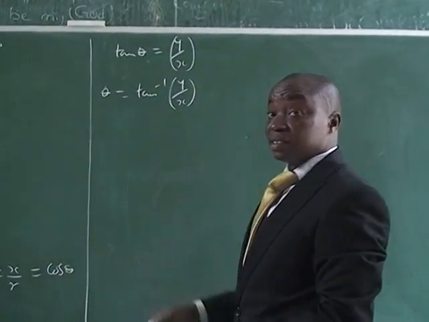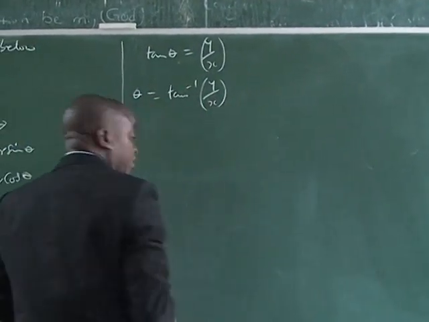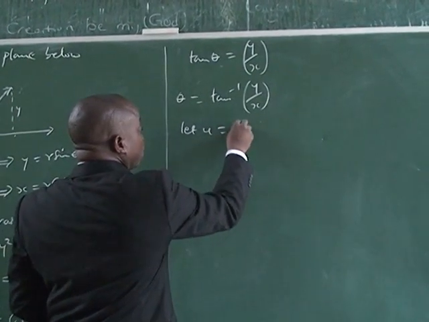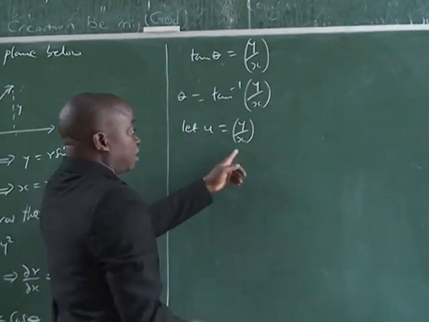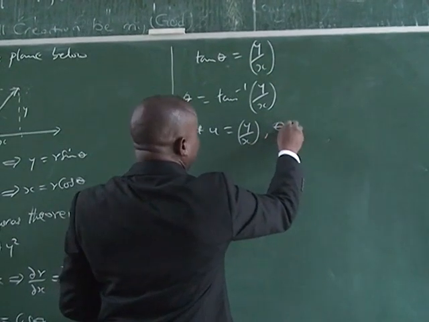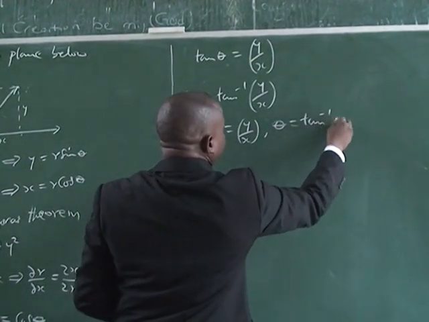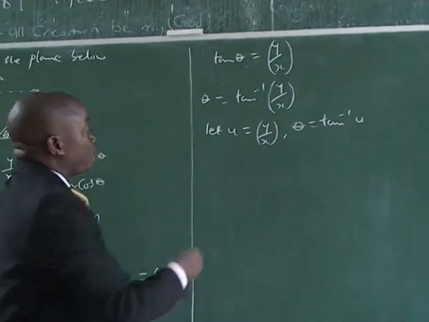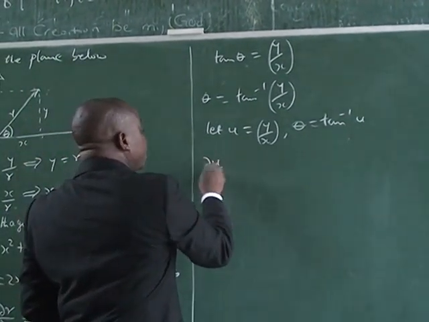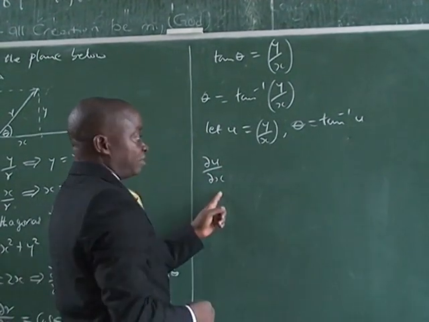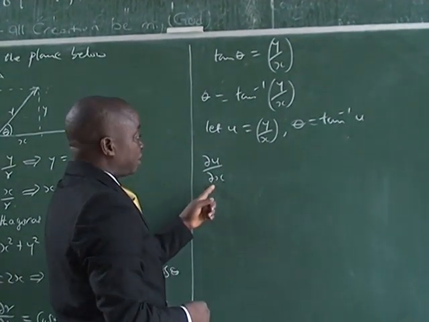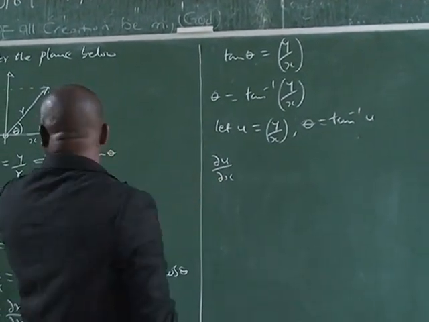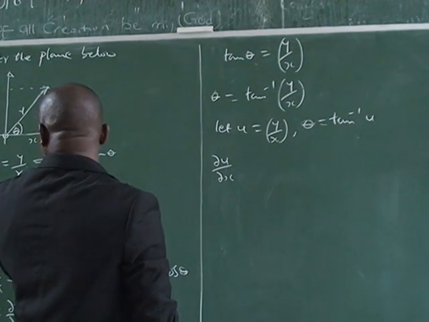Okay, I want to differentiate it with respect to x and y. So let u be equal to y all over x. See that? Which theta now will be tan inverse of u. That is how it will be. And so what we need is partial theta partial x.